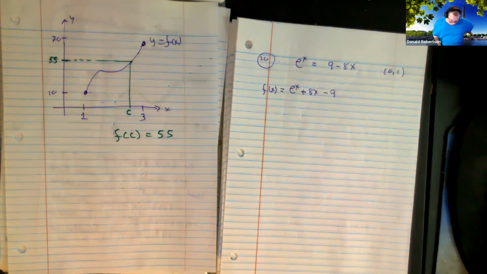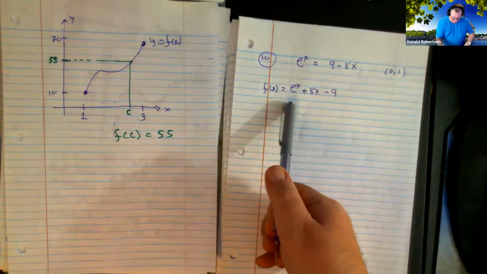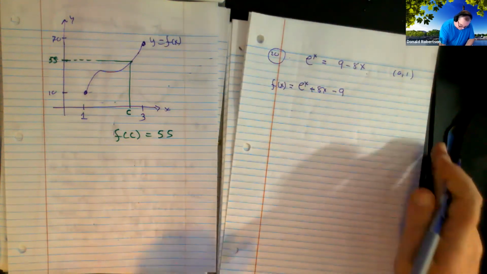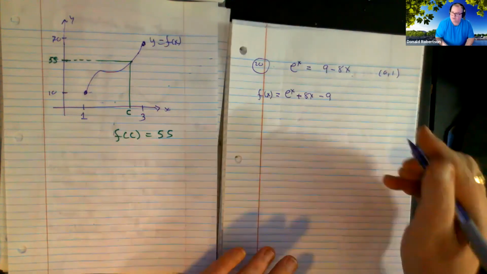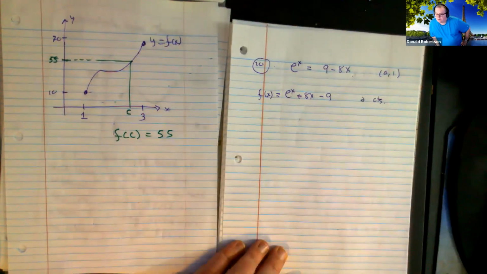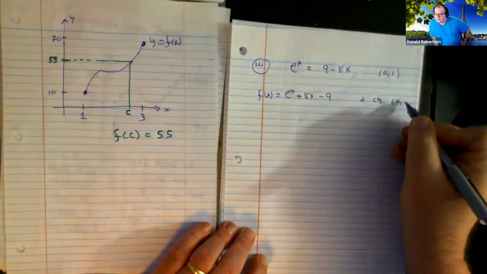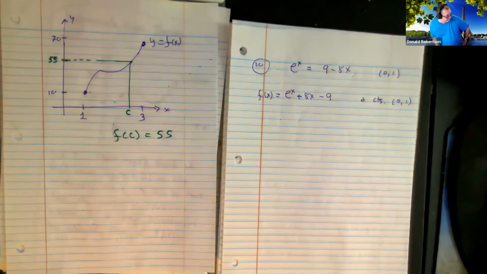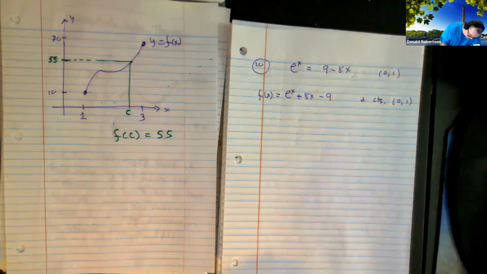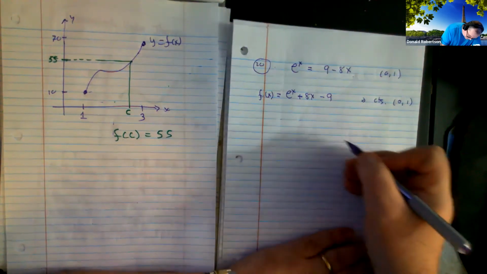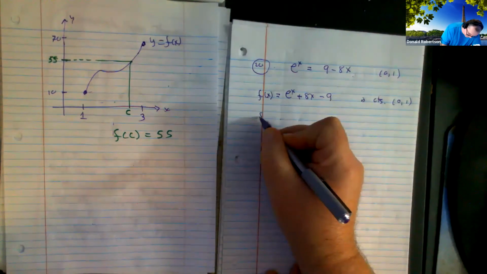Would you agree that f of x is continuous? Right, there's nothing weird going on. And in particular, isn't it continuous from 0 to 1, right? It's continuous everywhere, but for this story, it's between 0 and 1. That's like the a and the b that we've got.